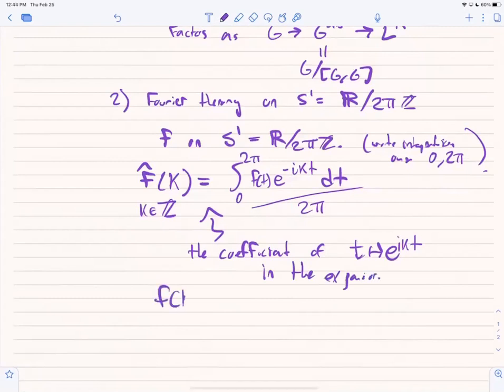So f of t is equal to the sum over k in Z of f hat of k times e to the ikt.